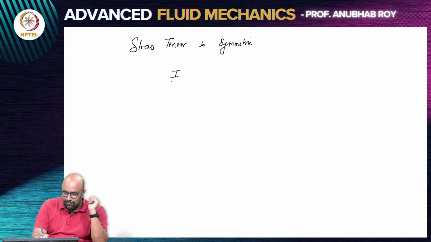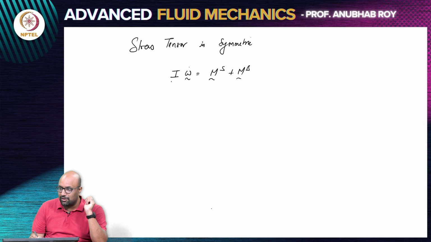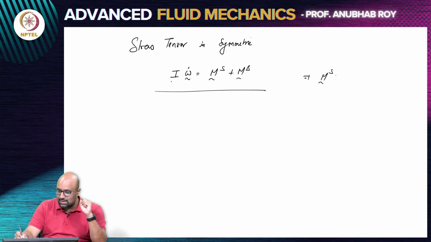And this started off by writing that the sum of the two moments, one from the surface and the other from the body, when equated to the angular acceleration times the mass moment of inertia, if the dimension shrinks, then finally what survives is that the surface moment is equal to 0.